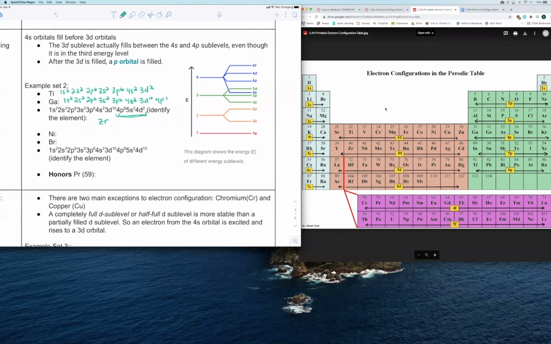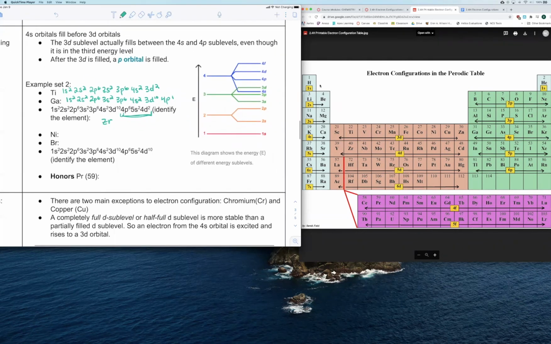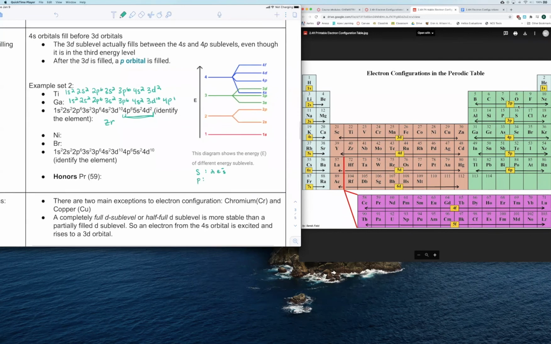Okay, so if you noticed, the s sublevels will always have 2 electrons per energy level. The p sublevels can have a max of 6 electrons. The d sublevel, if you count, 2, 4, 6, 8, 10, can have a max of 10 electrons. And the f sublevel, we're not going to go over because we're going to run out of time, but if we were not in distance learning, we would go over these.